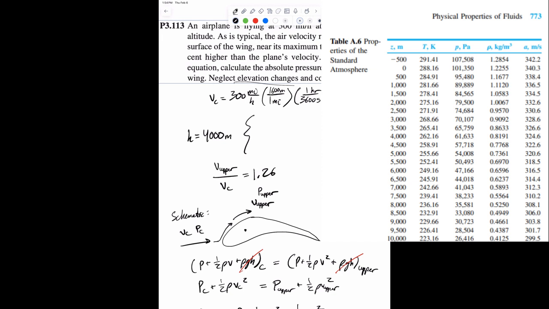So at 4,000 meters, we're looking at a pressure of 61,633 pascals and a density of 0.8191 kilograms per cubic meter. As you see, at 4,000 meters of altitude, your pressure basically halves from standard atmospheric pressure, and your density is about 30 to 40% less than what it should be at sea level.